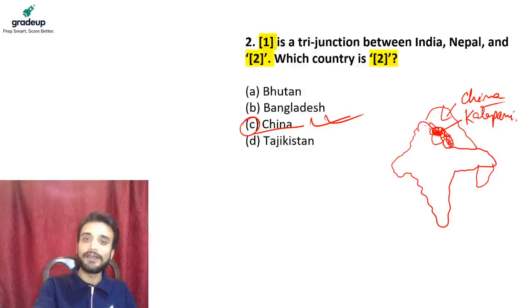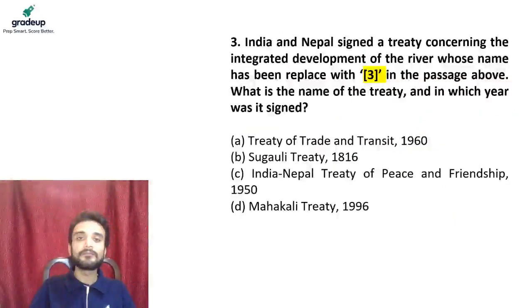Let's move ahead. Question number 3. India and Nepal signed a treaty concerning the integrated development of the rivers whose name has been replaced with 3. What is the name of the treaty and in which year was it signed?